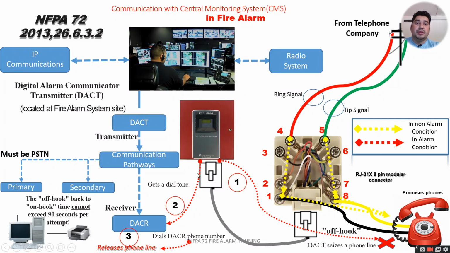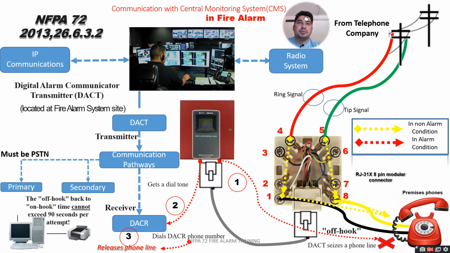So this is the complete design and complete system: how the fire alarm central monitoring system will work, how it will receive the signals, and how it will activate in a fire alarm system. These are the different types that we have.